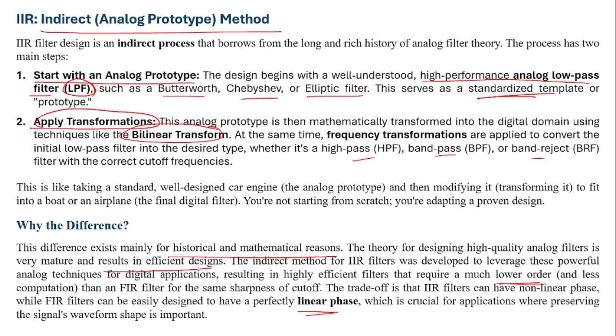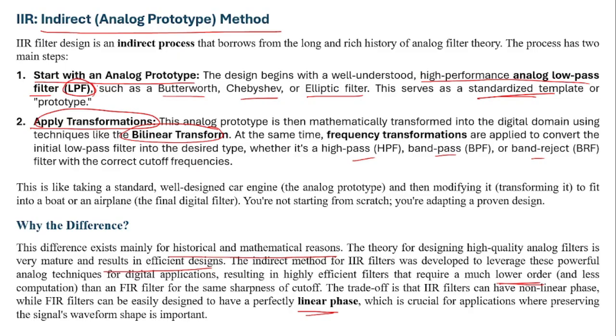Okay, so what does this say? This says if you want to design an IIR filter, you will be very comfortable designing it because you already have the template. You take the template, apply some methodical, empirical methods, and you will get the designed filter.